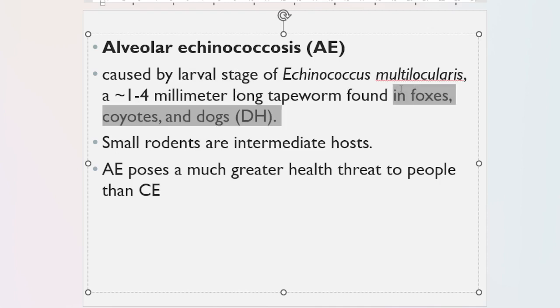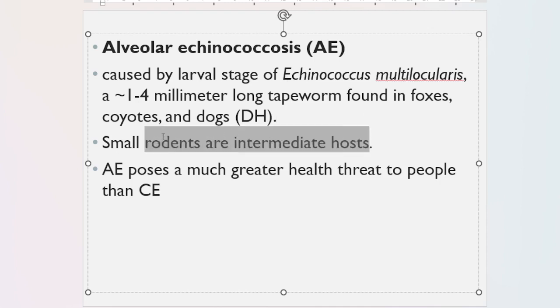Canines ang kanyang definitive host. This is one of the differences of the Echinococcus granulosus from multilocularis. Si multilocularis, the intermediate host are rodents, small rodents.